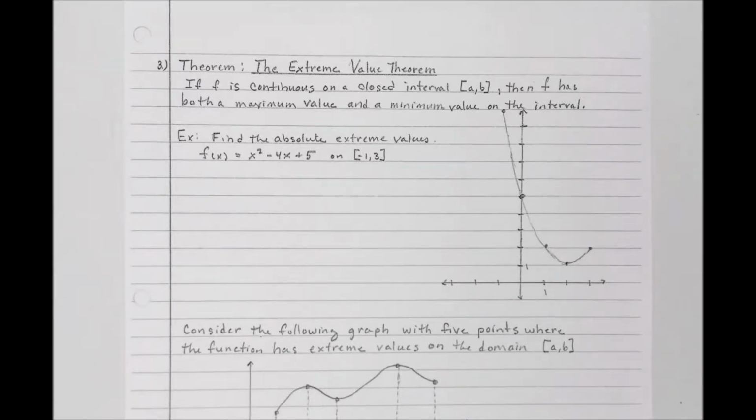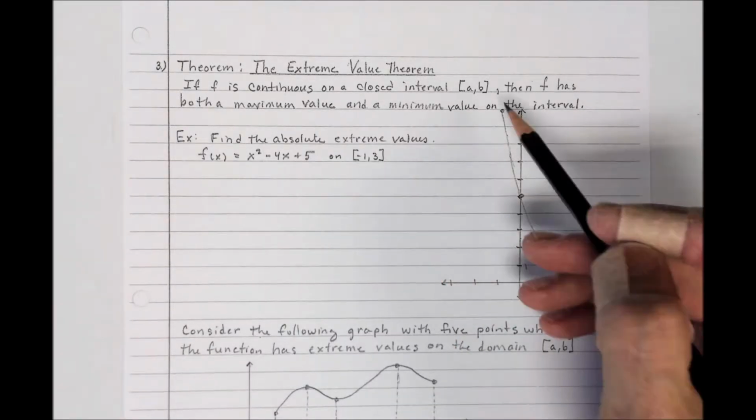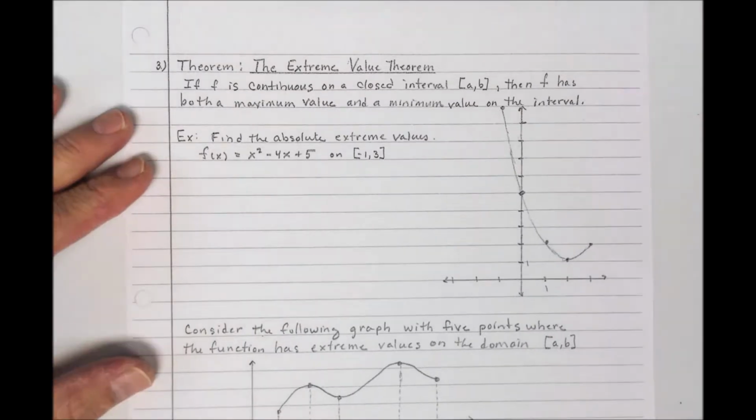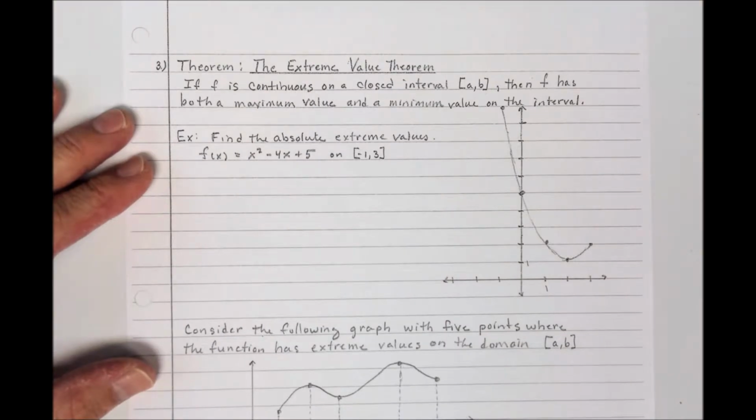All right, the extreme value theorem says if f is continuous, notice it has to be a continuous function, on a closed interval from a to b, then f has both a maximum value and a minimum value on the interval. Now, it doesn't tell us what the maximum and the minimum values are, but it says that they do exist. So here's another example of an existence theorem. It says that these values exist, but it doesn't tell us exactly how to find them. We're going to have to use some algebra to do that.